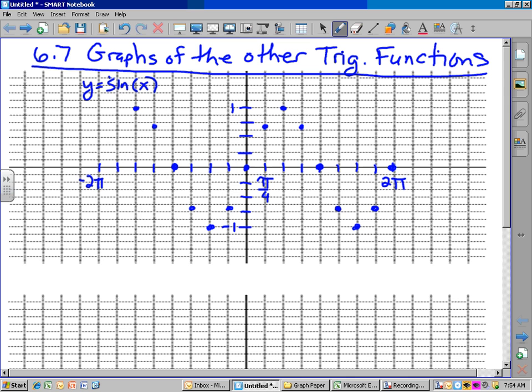Again, you should be very comfortable in drawing this graph several times. So we'll refer back to the sine for its reciprocal, which is what?